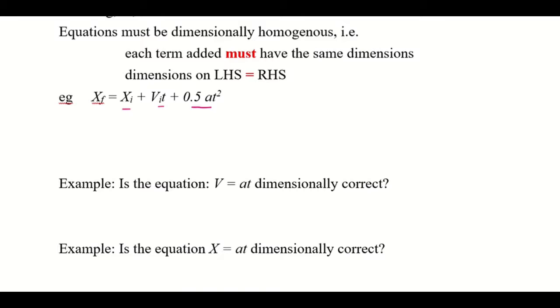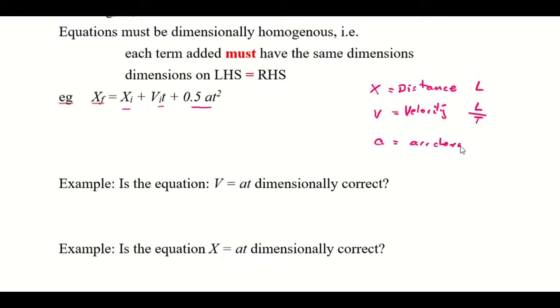We can write the dimensions of x, which is a distance. x_f, which means the final position, is a distance, and it's a length, and v is a velocity, which means it's a derived unit, a distance over time, and a is an acceleration.